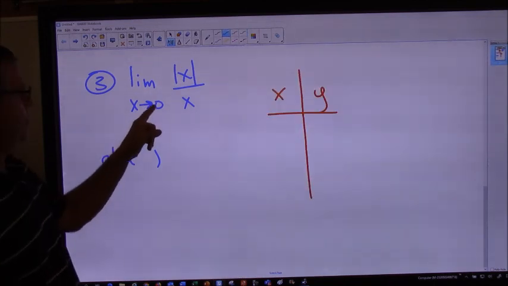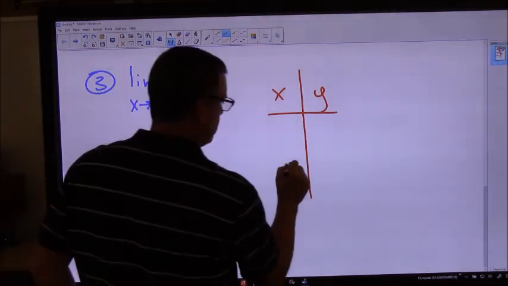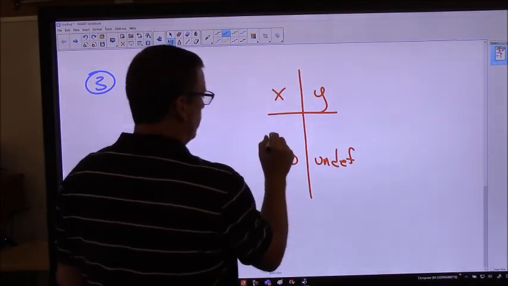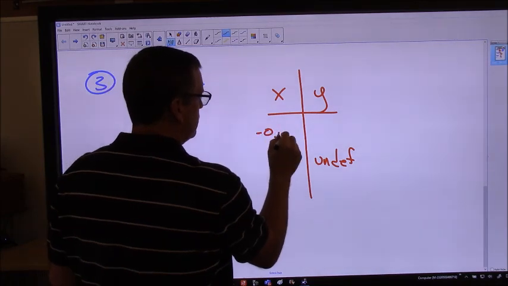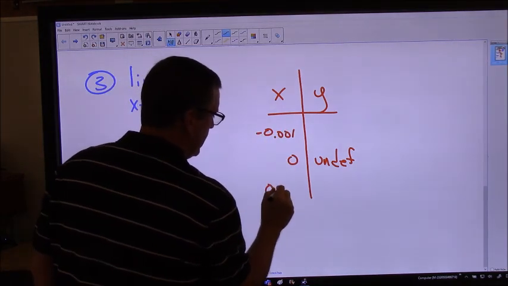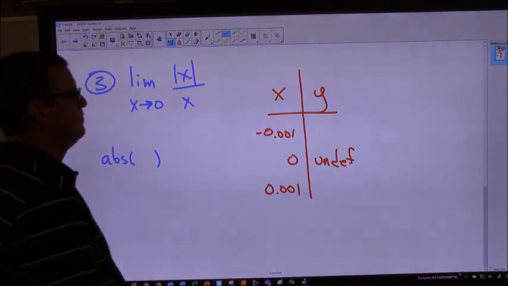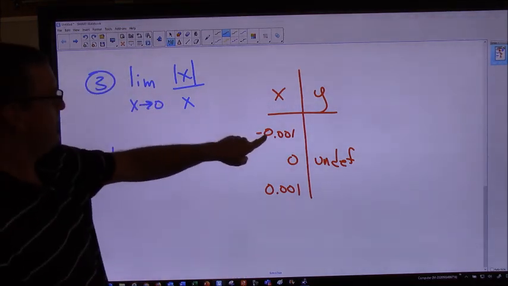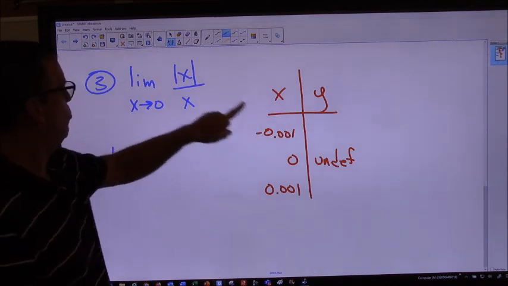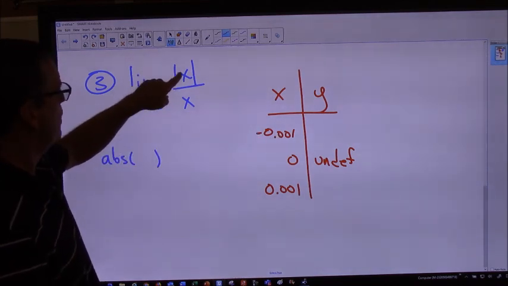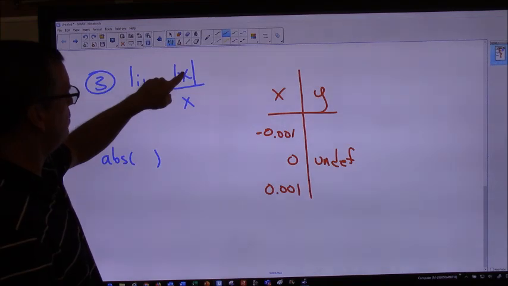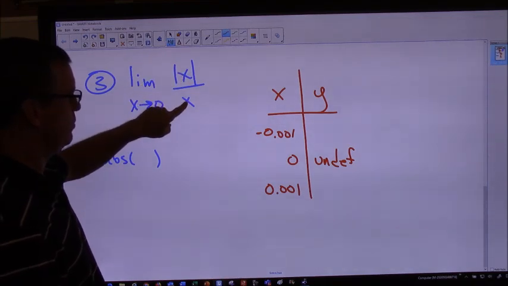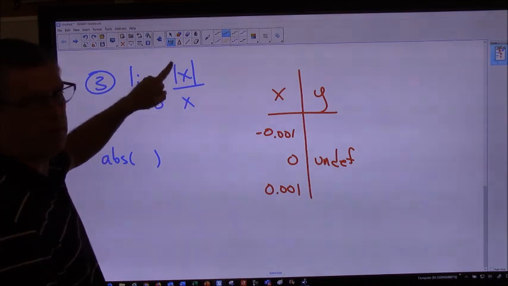So again, I know I can't plug 0 in because we're undefined. That would give us a 0 in the denominator. So what happens right before that? What happens right after that? Well, I can just kind of look at this. If I plug in a negative 0.001 into here, I take the absolute value, it'll make it positive, but then I divide it by a negative 0.001. Same number top and bottom.